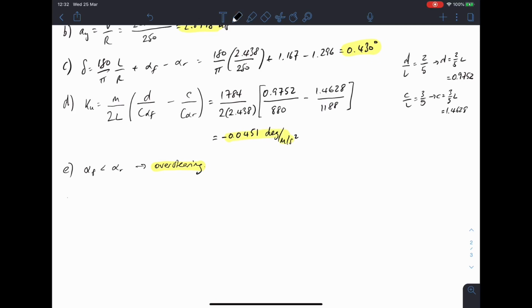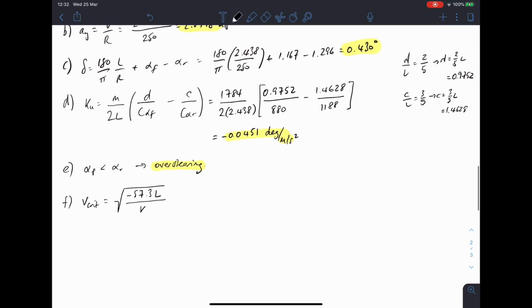Part F says, well, if the car is oversteering, what is the critical speed, v crit? And this is the velocity at which the steer angle required would be 0. And if you go through the notes, that was determined by an equation that looked a bit like this. So 57.3, which is 180 over pi, L divided by the understeer gradient.